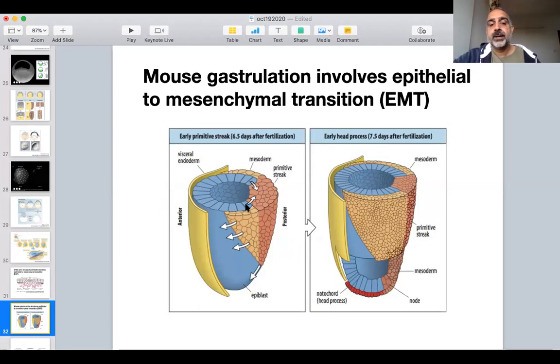The epithelia pushes by rearrangements towards the midline, and within the midline, some of these cells escape the epithelium as mesenchymal cells and then migrate away and populate this interstitial space in between endoderm and ectoderm. Okay?